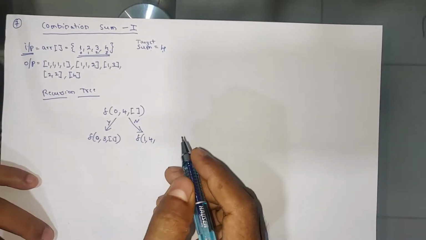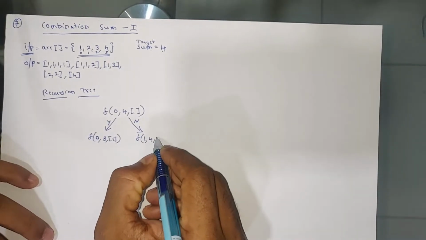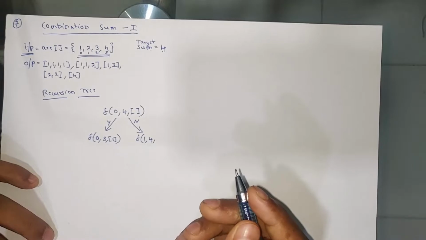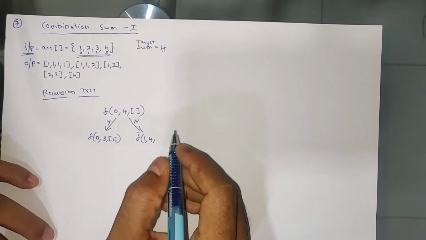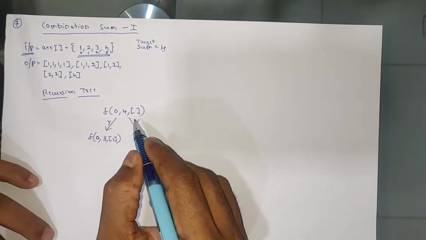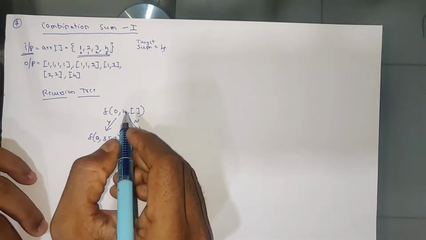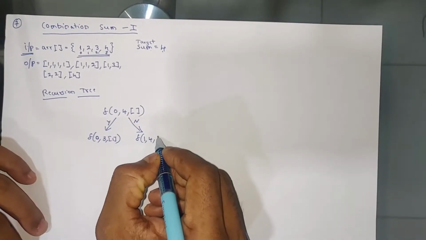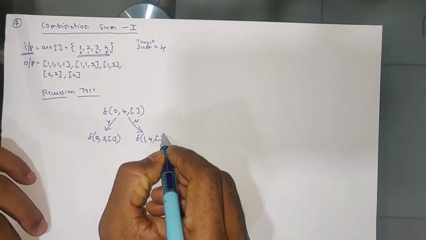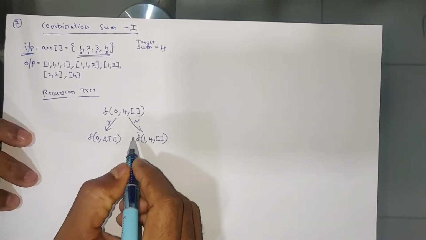It will remain as it is because we have not included any element in our result set. And what will happen to our data structure? It will be empty because obviously we have not included any element. So this is the whole idea.